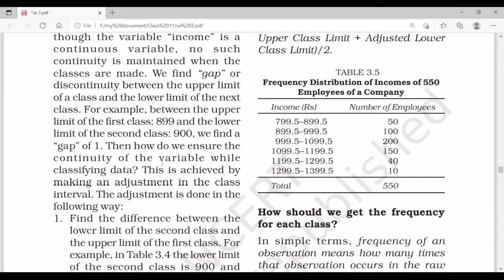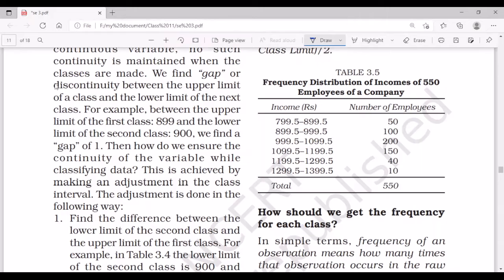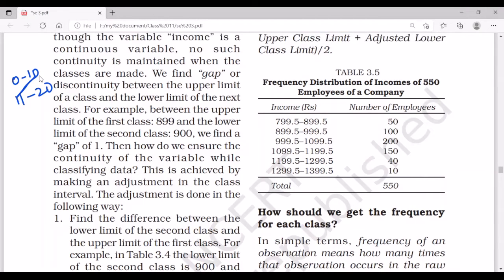When we include it, it will be in the form of, let me write it down, like 0 to 10, 11 to 20, but there is no connection between the two, right? But we need to have a connection between the upper limit of the first class and the lower limit of the second class. So there it comes, this is a gap, this is known as the gap.